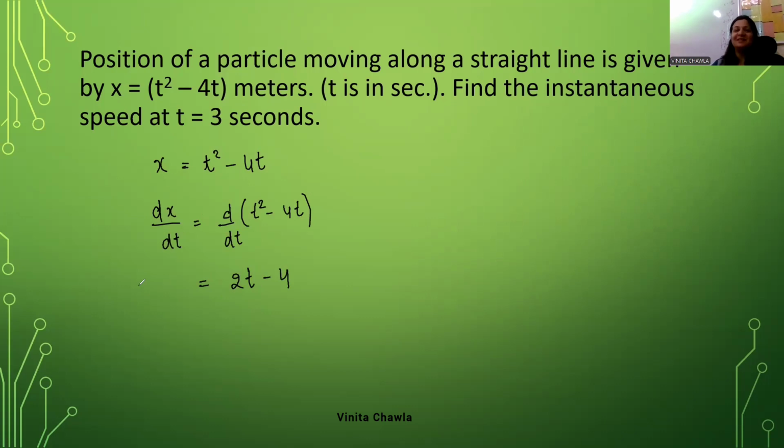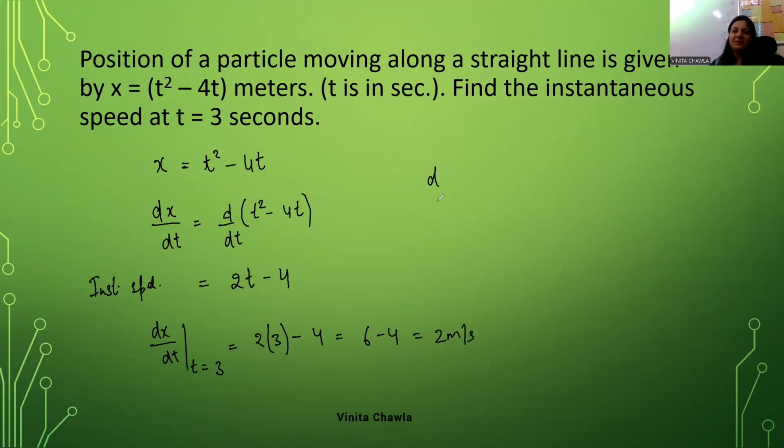This is instantaneous velocity. At t equals 3 seconds, it's 6 minus 4. Answer is 2 meters per second.